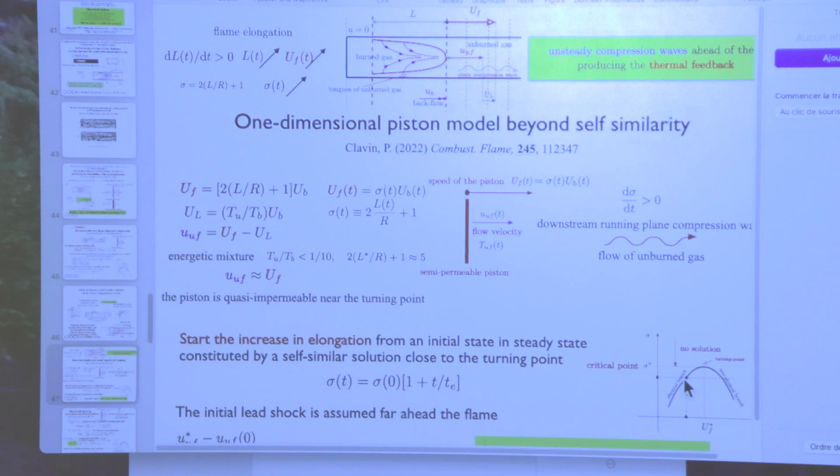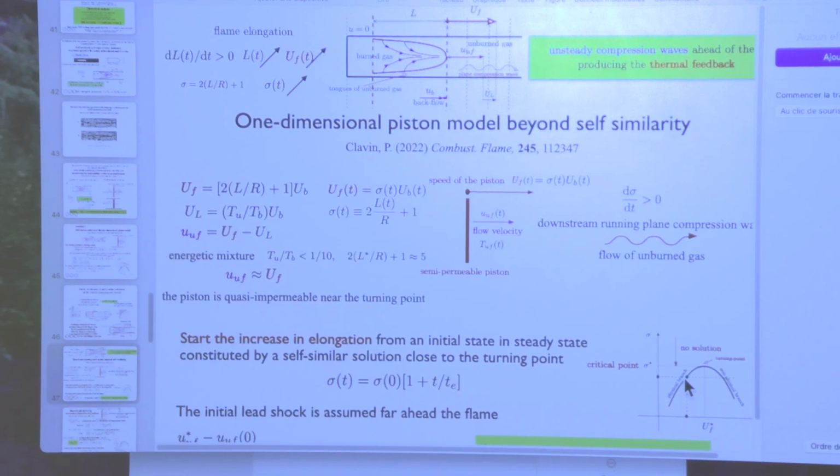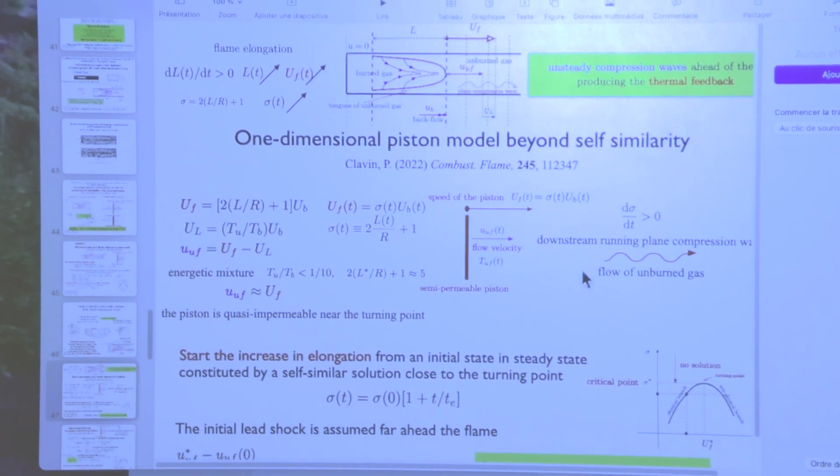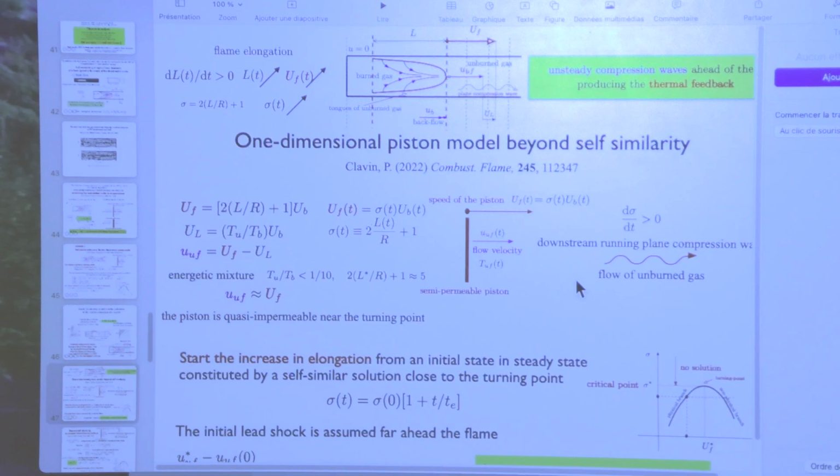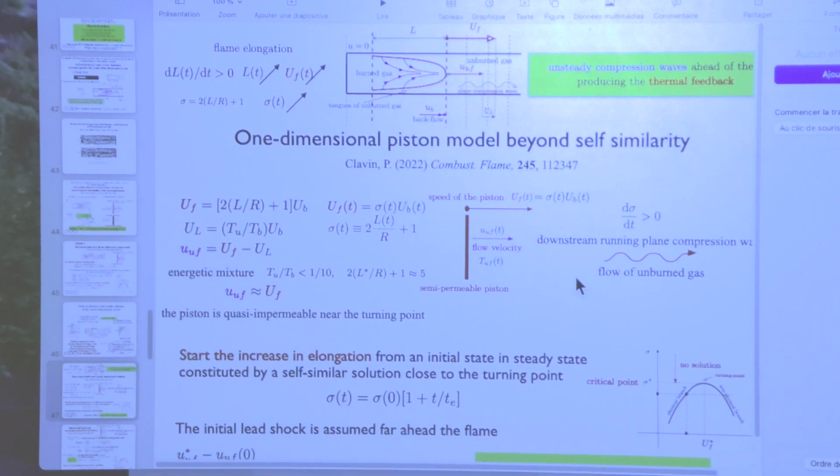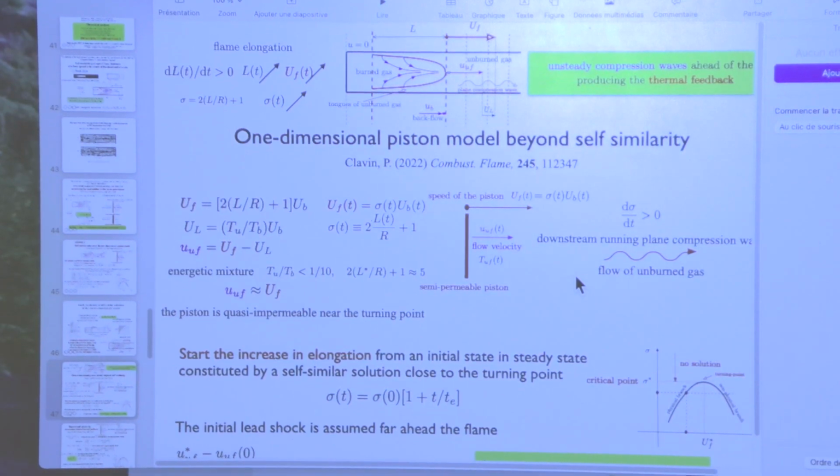And in that case, you find out that the turning point, going beyond the self-similarity due to the acceleration, is a little bit higher than the quasi-steady turning point. But you do not change the order of magnitude, and more important, you do not change the nature of the turning point.